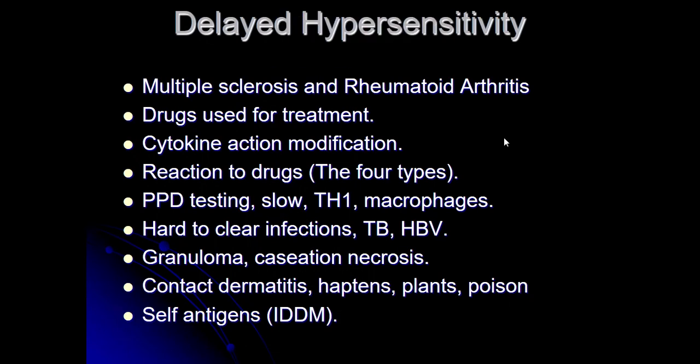In delayed type hypersensitivity reactions, you should know the classical examples of the diseases involved, like multiple sclerosis and rheumatoid arthritis. As I said, those are crippling diseases that usually take a longer period of time, and usually this type of reaction will take a minimum of 2 to 3 days to start seeing the signs and symptoms.